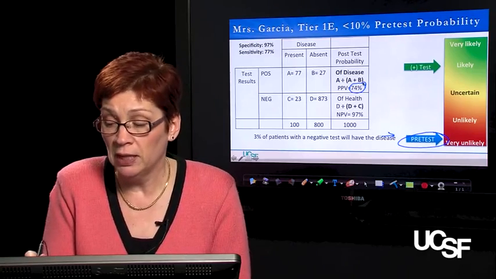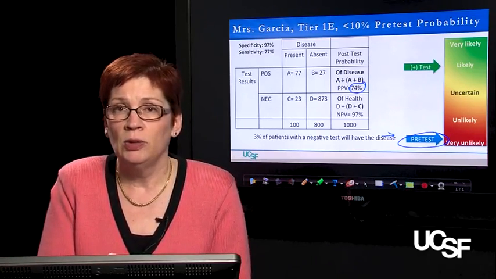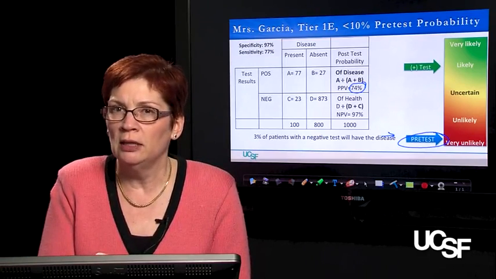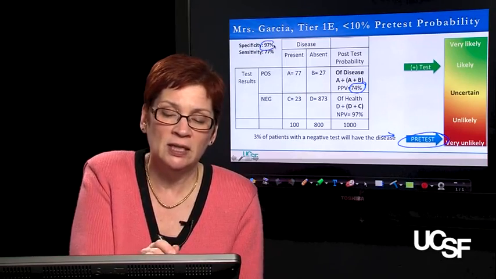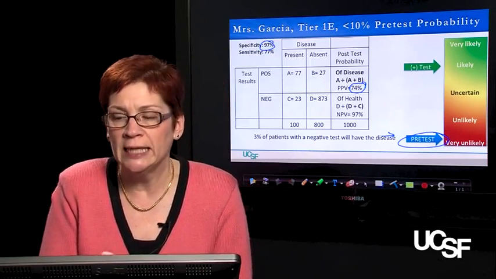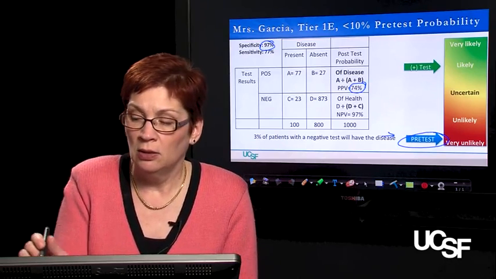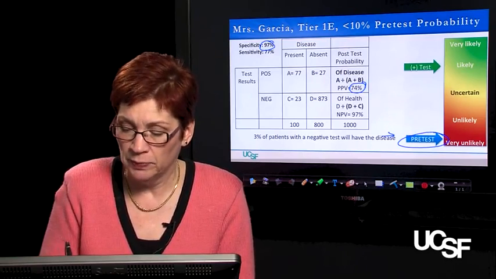So we've moved from very unlikely to likely. If Mrs. Garcia had a positive test, we'd be a little bit worried. And the reason this was so powerful a move is because the specificity was so high. Remember, a specific test, when positive, rules in the disease. So it didn't quite rule it in, but it got us pretty high compared to where we started, right?